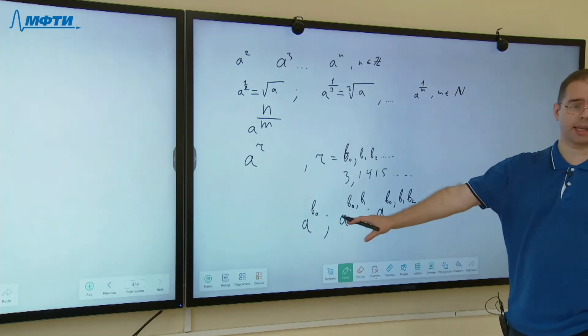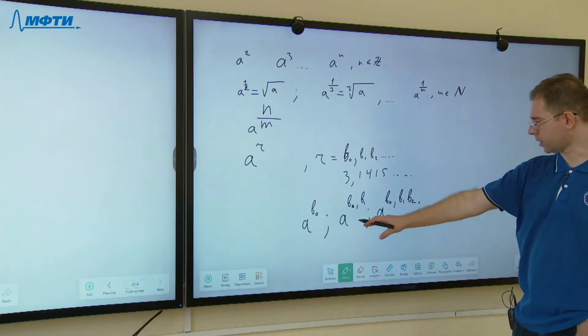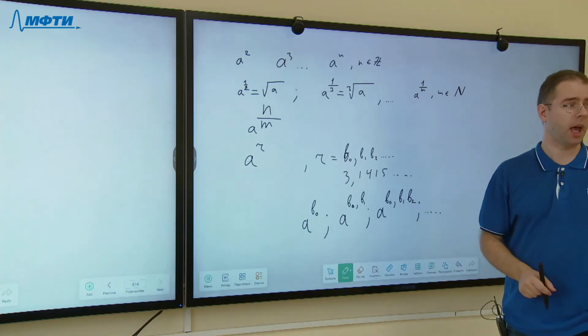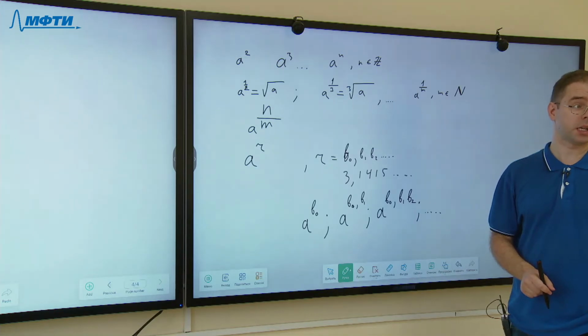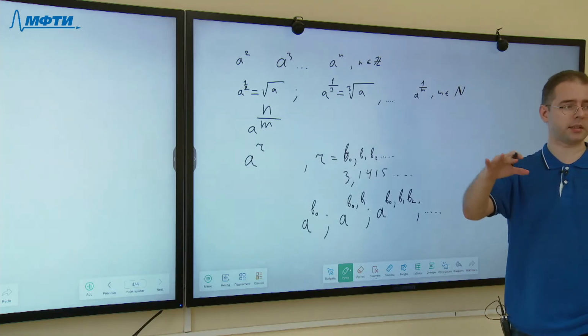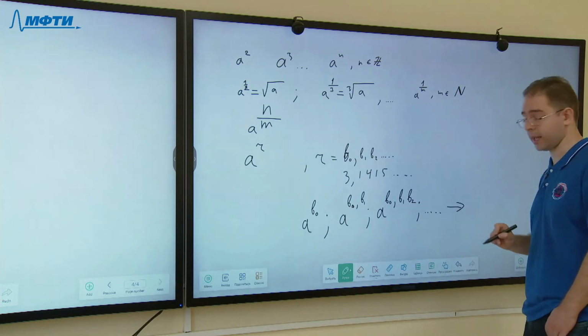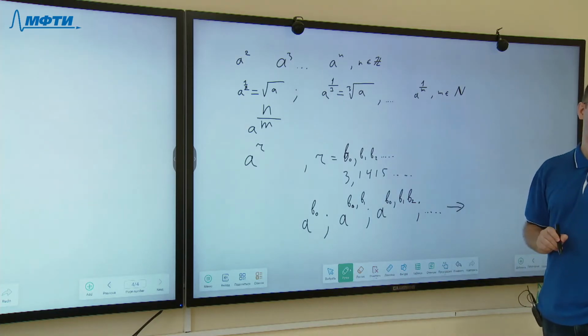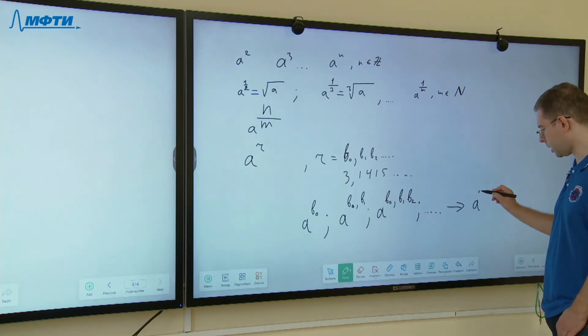So this is a sequence of numbers. I understand what it means to calculate any of those numbers. And this sequence, this is the cheating part. I'm cheating right now. This sequence has a limit, and this limit, I will call a power r.